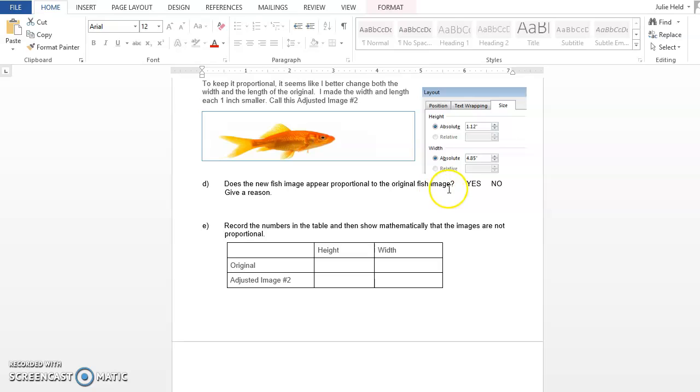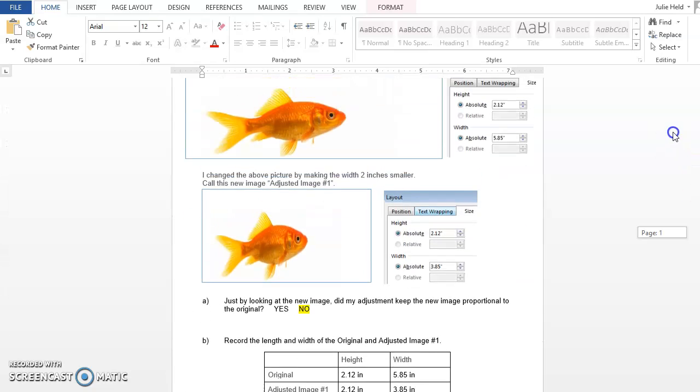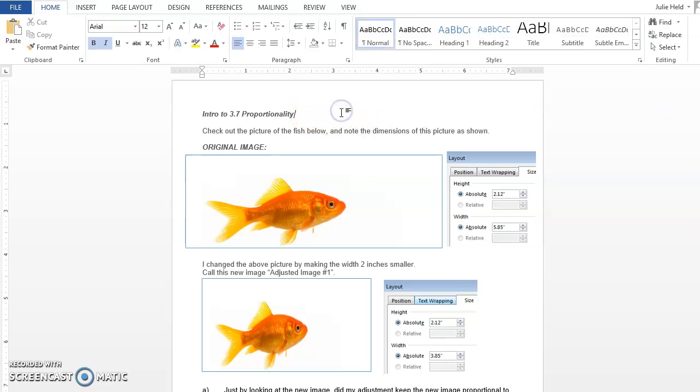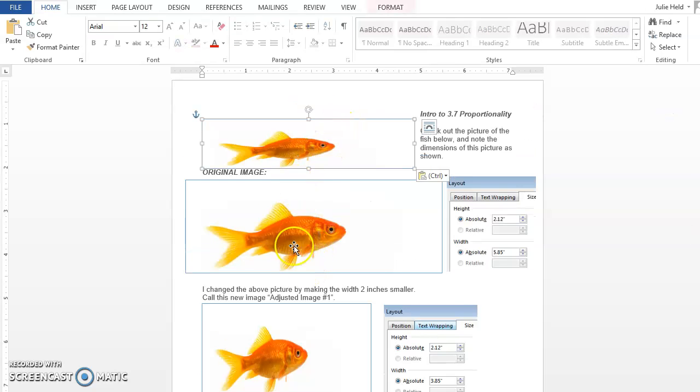So does this one appear to be proportional to the original fish? Well, maybe, right? If you want, I could even put him near the other one. Maybe I might be able to get him to show up. If that helps, does it look proportional?